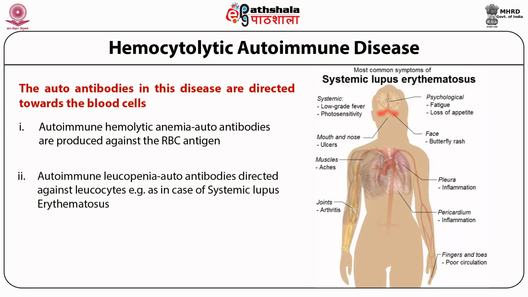Autoimmune leukopenia. The terms autoimmune leukopenia, autoimmune granulocytopenia and autoimmune neutropenia are used synonymously to describe the condition. In this condition, autoantibodies are directed against leukocytes, as in case of systemic lupus erythematosus, which is typically more common in women between 20 to 40 years of age.